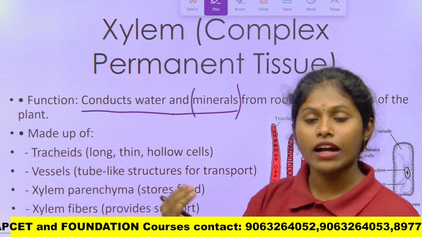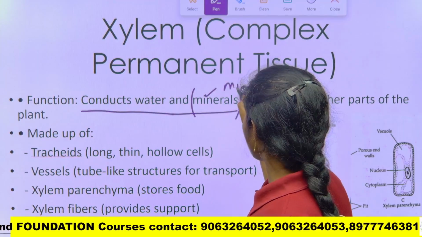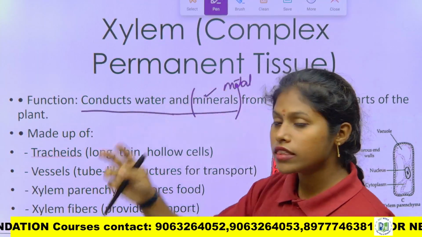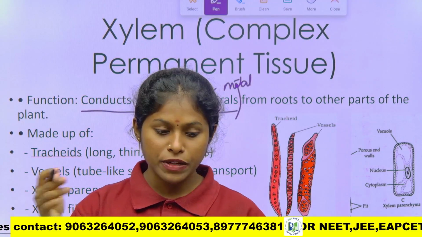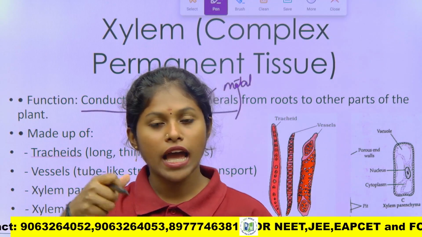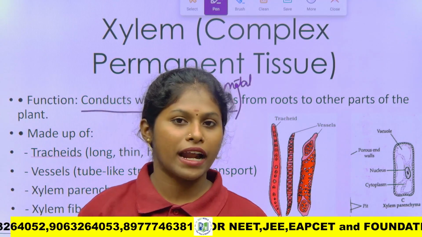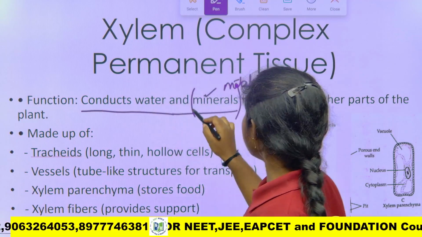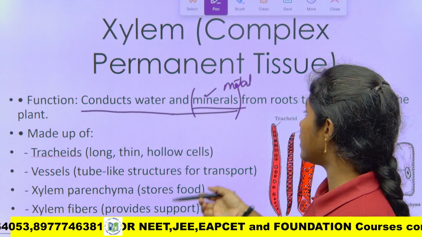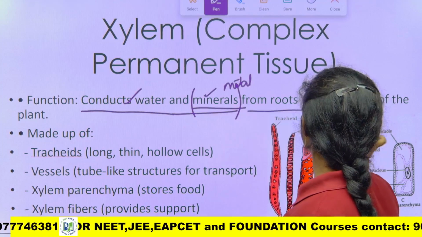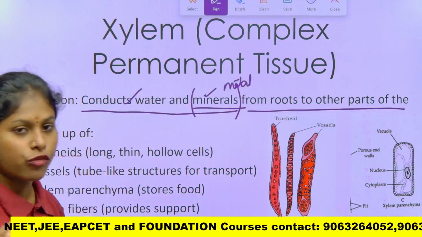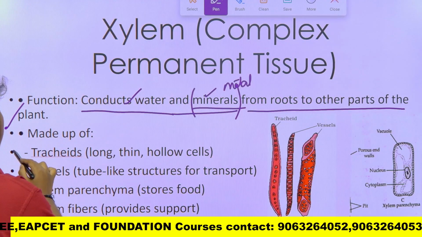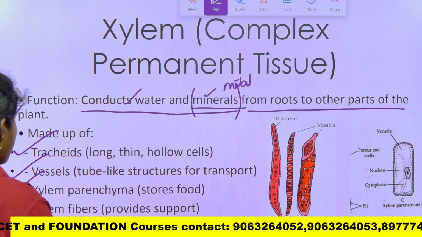Inorganic solvents are minerals, metal ions, because whatever minerals and metal ions are present in the soil are absorbed by the roots through the water and carried to the upper parts of the whole plant, right. So, the conduction happens by water from the roots to every part of the plant. They have 4 main components. What are they, children? Tracheids, vessels, xylem parenchyma, xylem fibers.